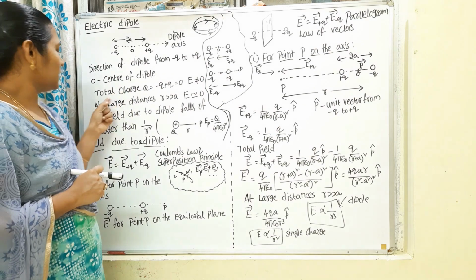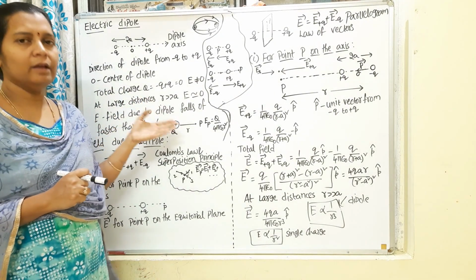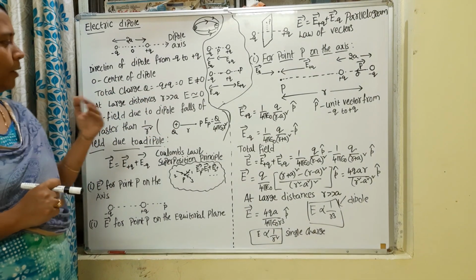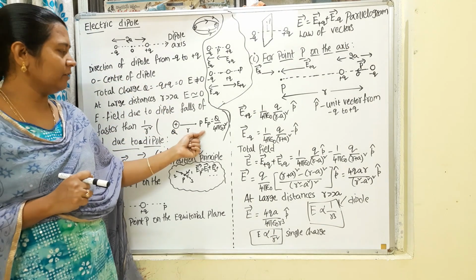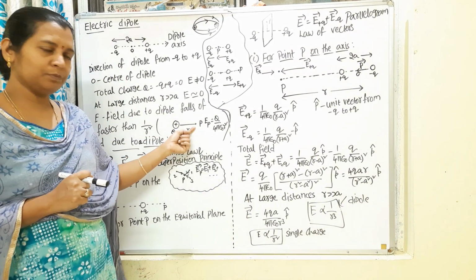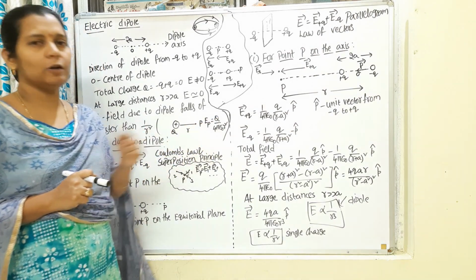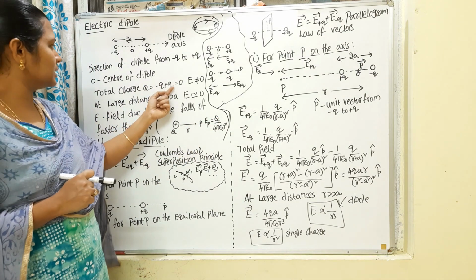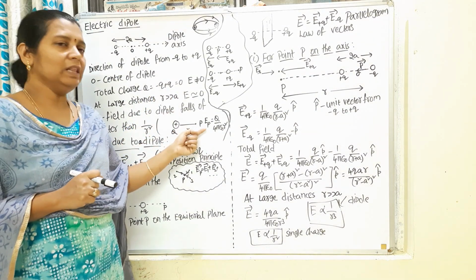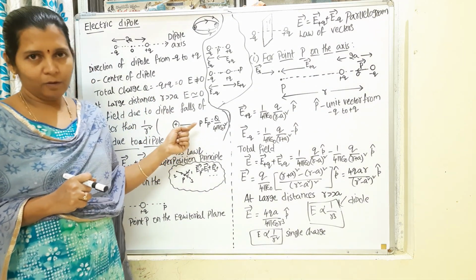If the charge is 0, will the electric field be 0? We have a formula: the electric field at a point P due to a source charge Q is given by Q by 4 pi epsilon naught r square. So if the total charge Q is 0, will the electric field be 0?